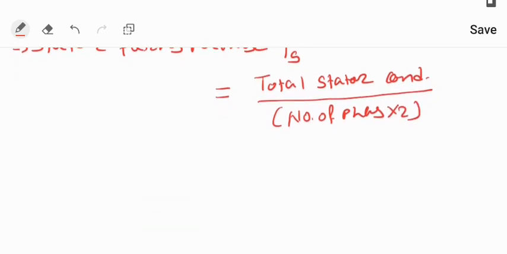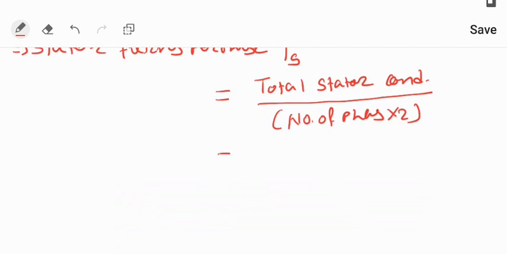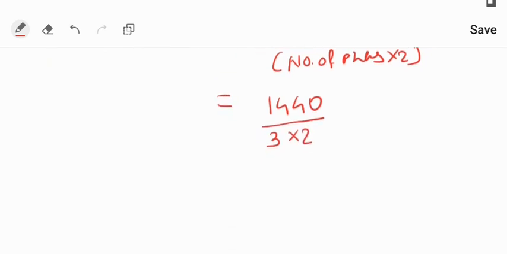When we put in those values, we get 1440 divided by the number of phases, 3, into 2. The solution of this is 240.